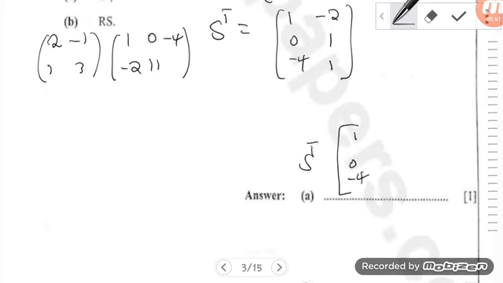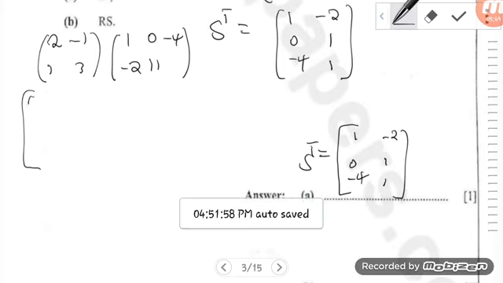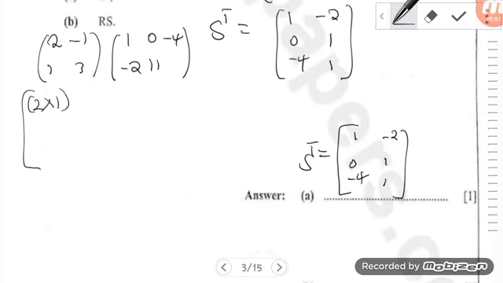We're saying S^T is equal to negative 2, 1 and 1. We need to multiply now. Remember, we multiply row by column. So 2 times 1 plus negative 1 times negative 2. So this and that, then this and this.